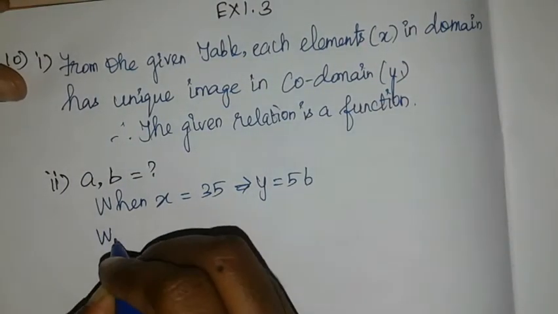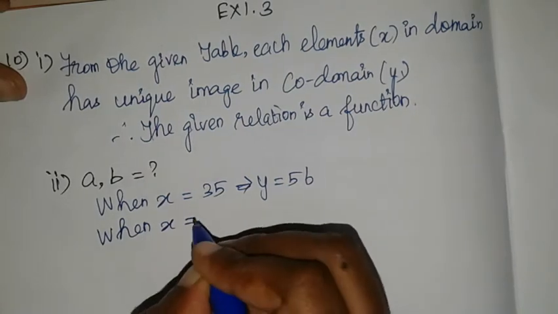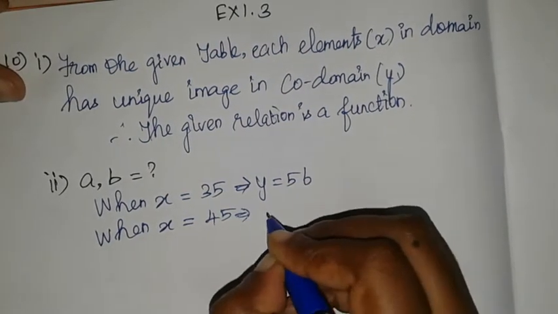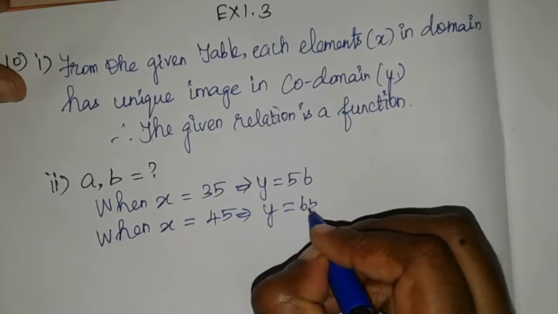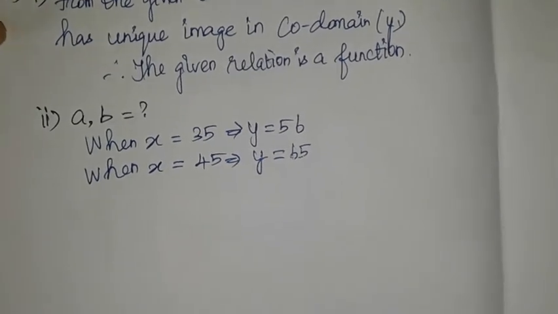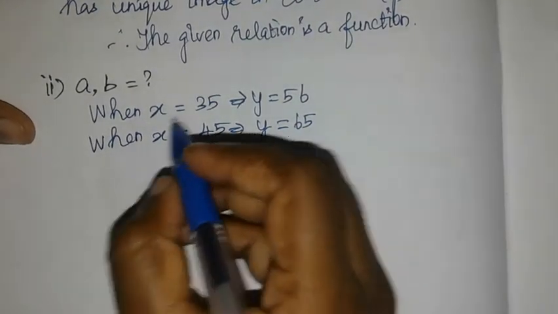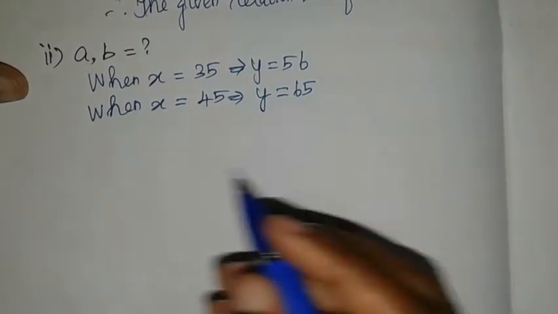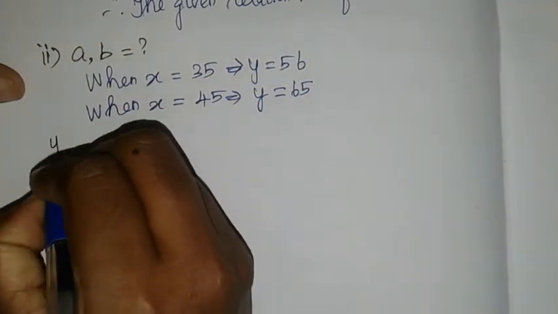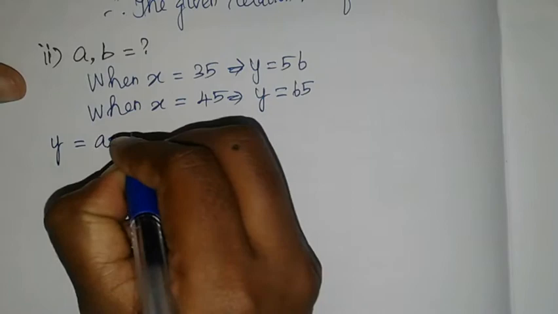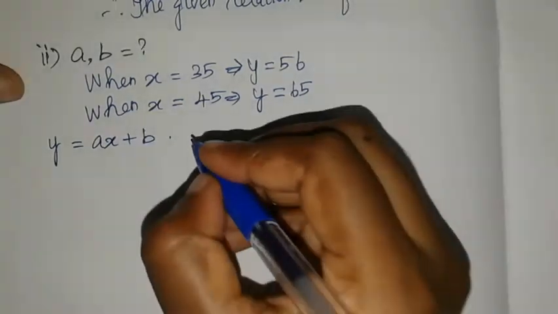Then when x is equal to 45, y value is equal to 65. Okay, I am going to use these values in the equation. What equation? y is equal to ax plus b.